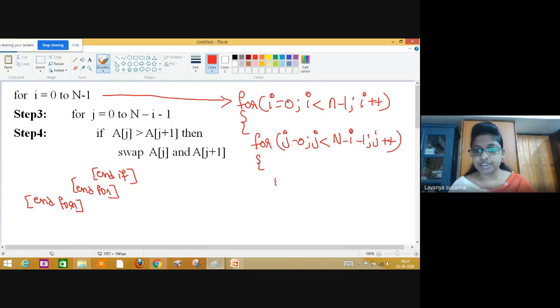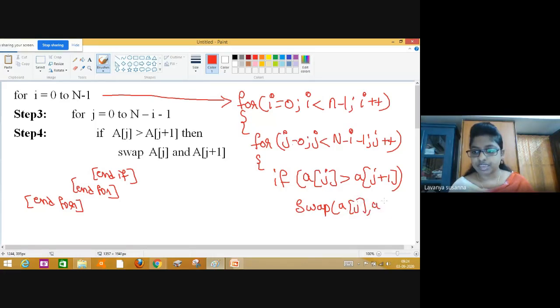Next, if a of j is greater than a of j plus 1, then you need to swap a j comma a j plus 1. First I will explain this.